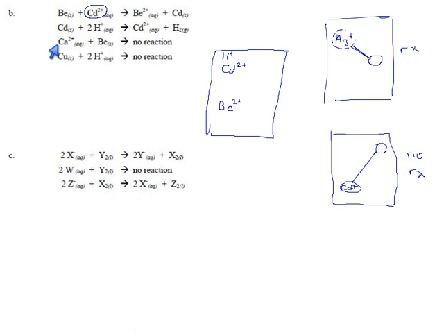Okay, new reaction. Calcium ions, positive charge, they want electrons. Calcium ions tried to take electrons from beryllium, but nothing happened. It says there was no reaction. So what does that mean? Calcium tried to take from beryllium but couldn't do it. That means beryllium must be higher up than calcium.